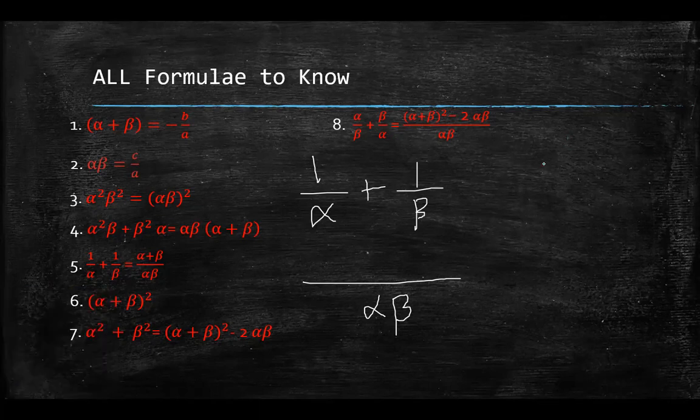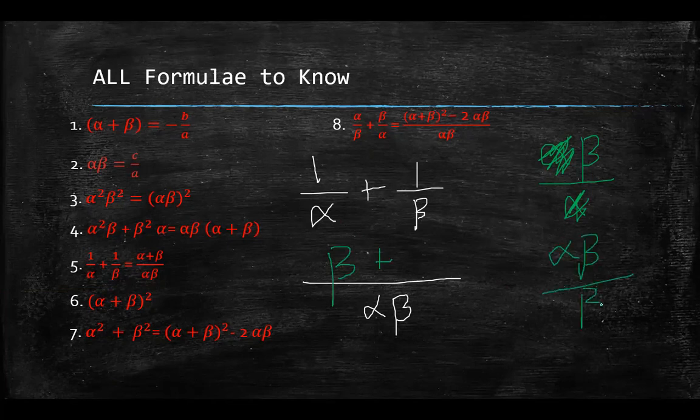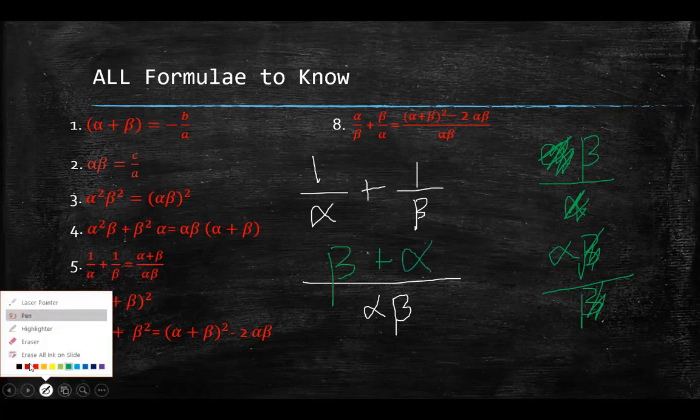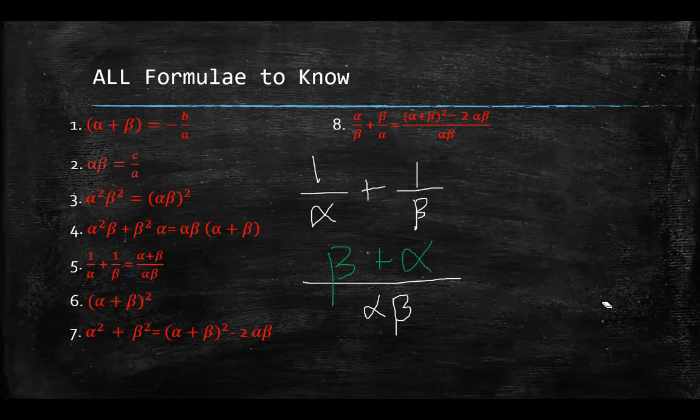Alpha beta divided by alpha, I could cross out these two alphas, and what do I remain with? Beta. That's why we have beta here. So doing the same thing here, alpha beta divided by beta, I could cross out the beta and remain with alpha. Great. Does this look familiar to you?